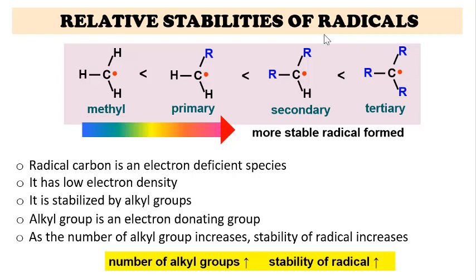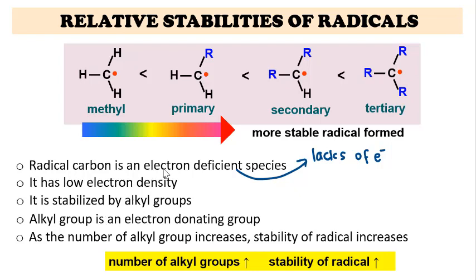So the stability of carbon radicals depends on how many alkyl groups are attached. Since the carbon radical is an electron deficient species, it lacks electrons, so it will have a low electron density on that carbon.